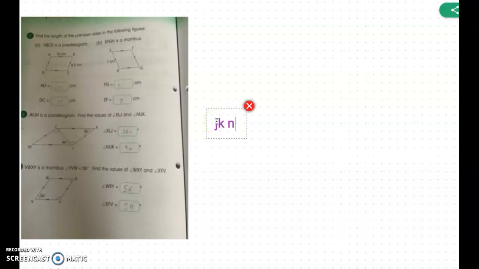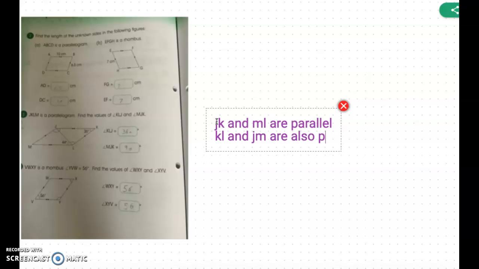JK and ML are parallel, right? Likewise, KL and JM are also parallel, right?